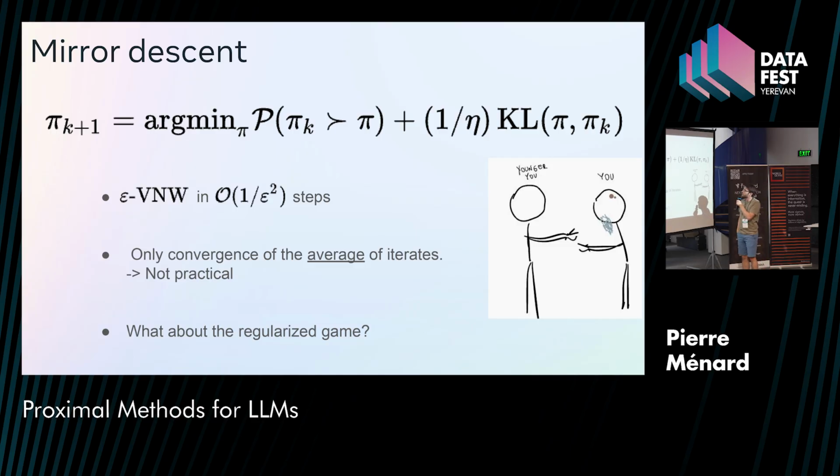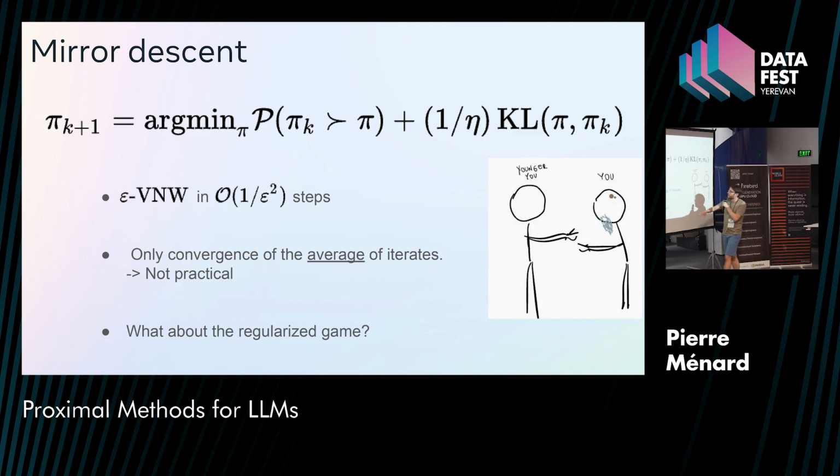Let's say you have your last policy iterate, and what you want to find is a policy which is better than your previous policy without going too far from it. Okay, so it's quite simple.